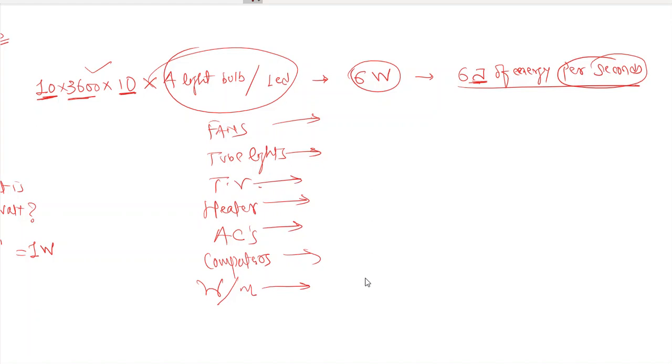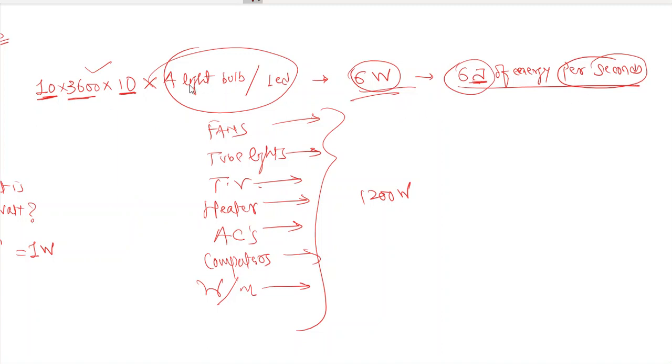No, absolutely not. A heater has 1200 watts of power used for some hours a day. TV has some power, tube light, fans, they all have huge powers. They all are used for some hours a day. Now, if you add all those energies in joules per second or watt, you will get a huge number.